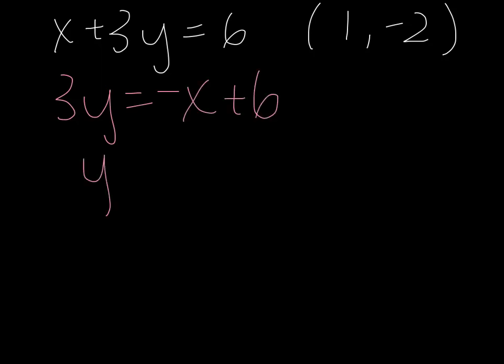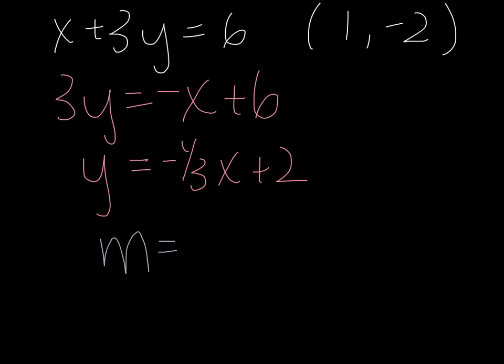Divide both sides by 3. y equals negative 1/3 x plus 2. So going off of this, the slope of the line that is perpendicular to it would be, flip the fraction, you get 3, multiply it by negative 1, and you get a positive. Therefore, the slope of the line that is perpendicular to this one and goes through this point would be 3.